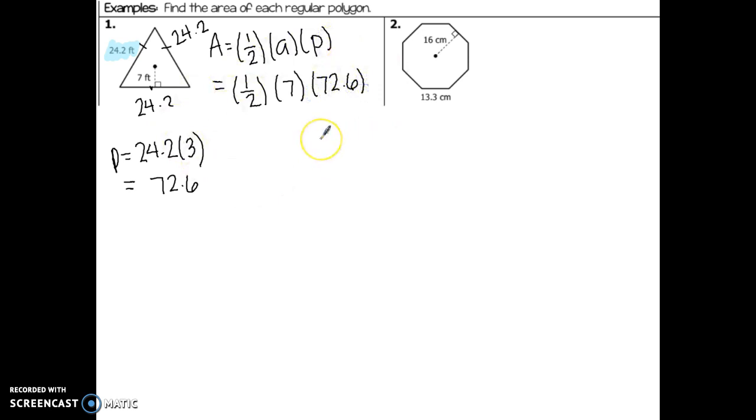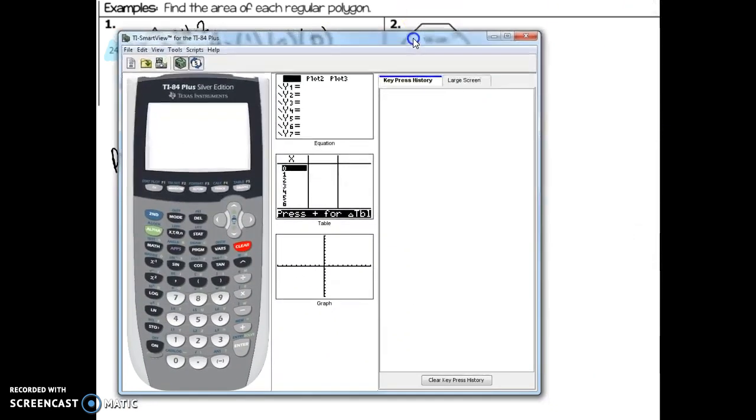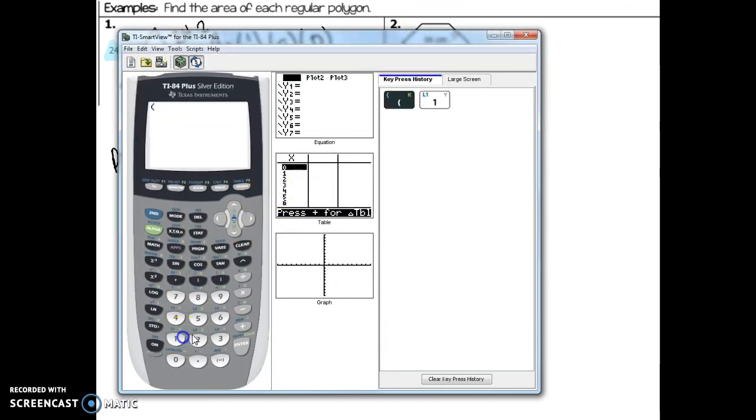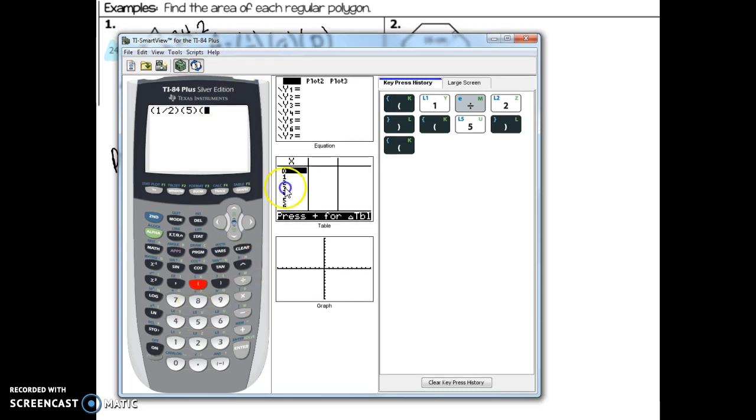This entire thing can be put into the calculator at once. Let me show you. So we take our calculator, we say parentheses 1 divided by 2, multiplied by our apothem, which was 5, multiplied by our perimeter. Just kidding, it was 7, right?